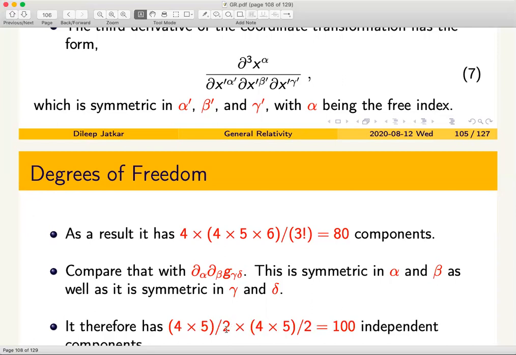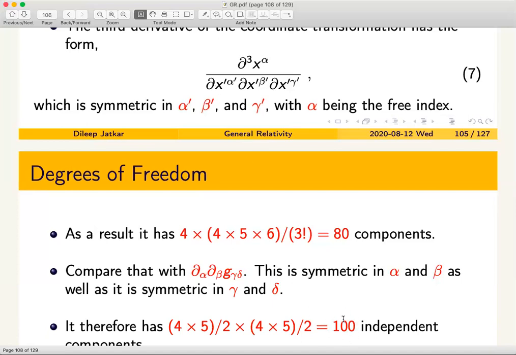Okay, 4 into 5 by 2 is 10, so 10 into 10. So clearly, if we use the most general coordinate transformation, then any 4 index quantity constructed out of the metric can be simplified by using the third derivative of the coordinate transformation.